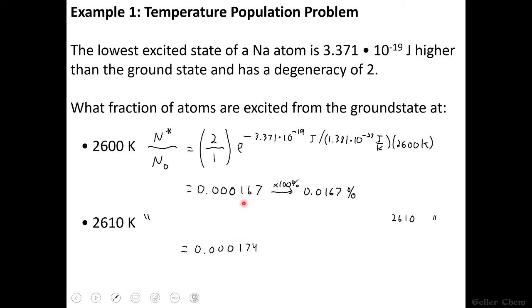But if we compare it to this number here, that's actually 4% larger than this number. So 4% increase in n star. That is substantial, and this is going to affect your emission signal if you're doing an AES experiment. This is what AES is based on.